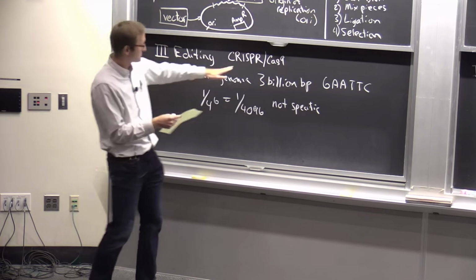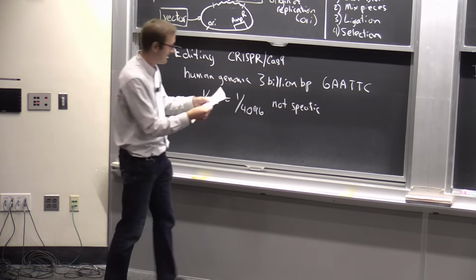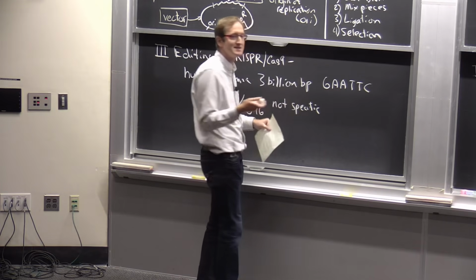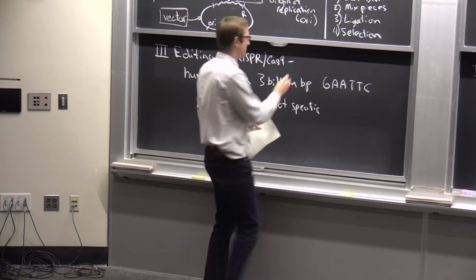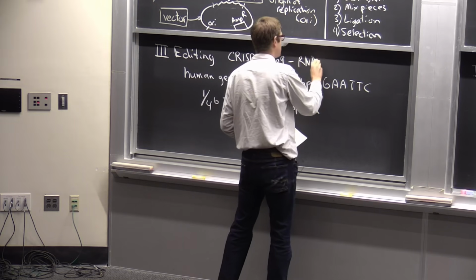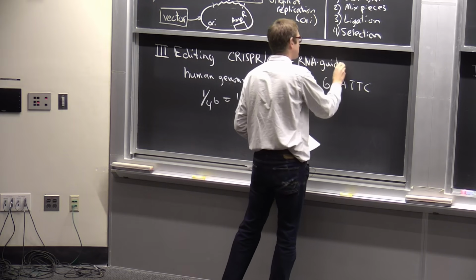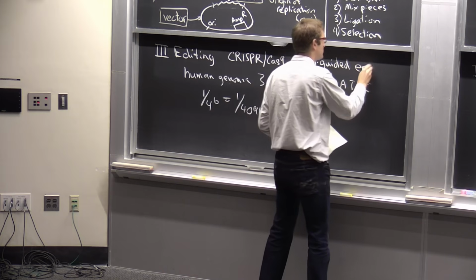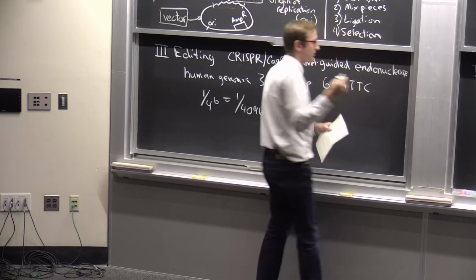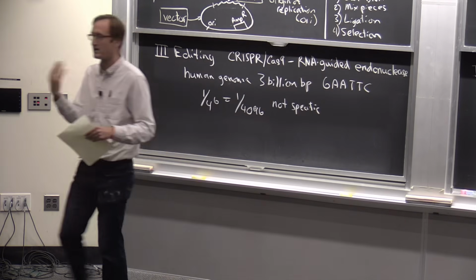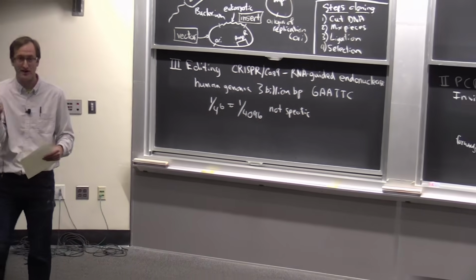And that tool is going to be CRISPR-Cas9. CRISPR-Cas9 is essentially an RNA-guided endonuclease. It's RNA-guided, and it's an endonuclease. Restriction enzymes have nothing to do with RNA. They don't use RNA to recognize the nucleotide sequence.